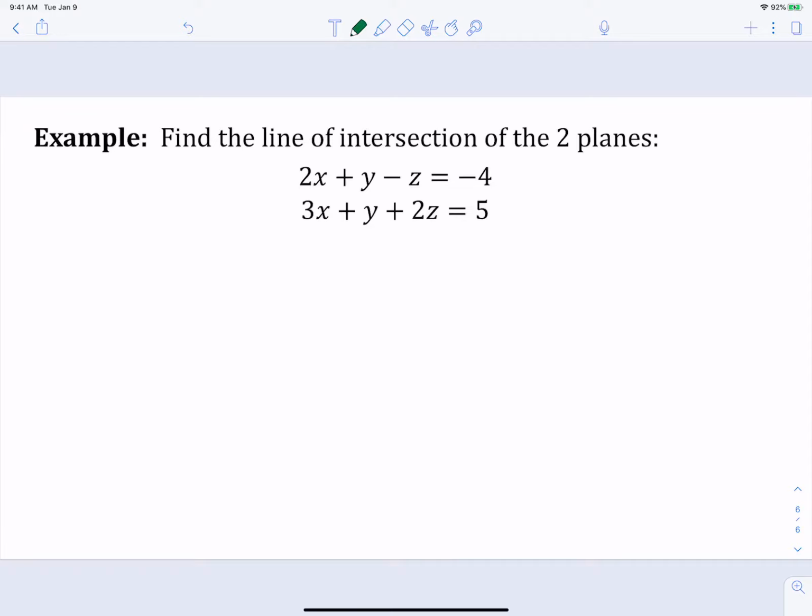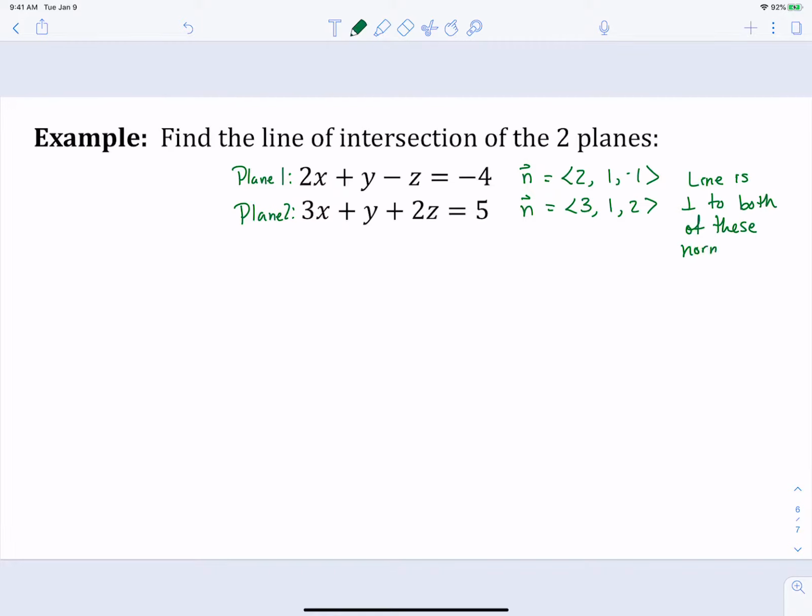So one of the things that we can get from these two planes, plane 1 and plane 2, is we can get those normal vectors from each of those planes. And the line where these two intersect, it lies on both planes. So our line is perpendicular to both of these normal vectors.